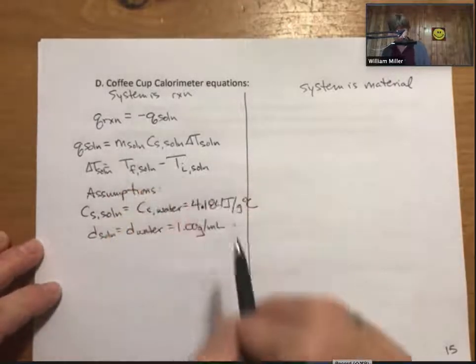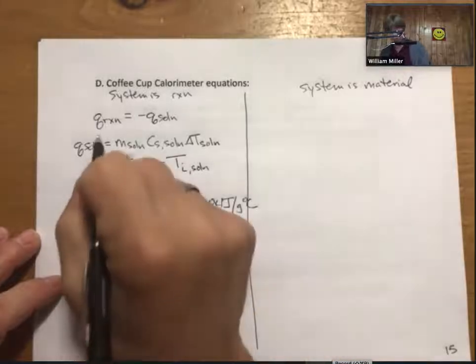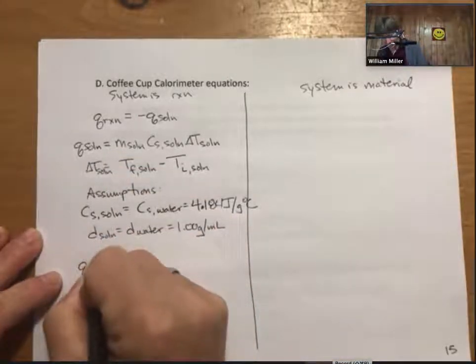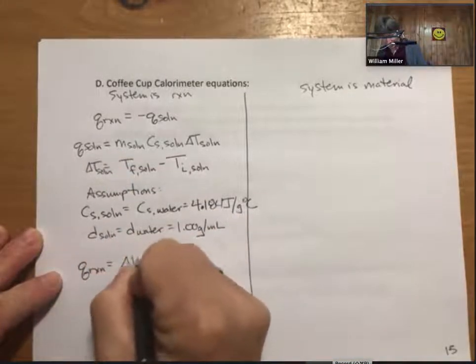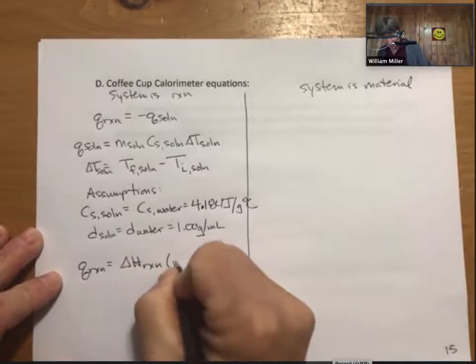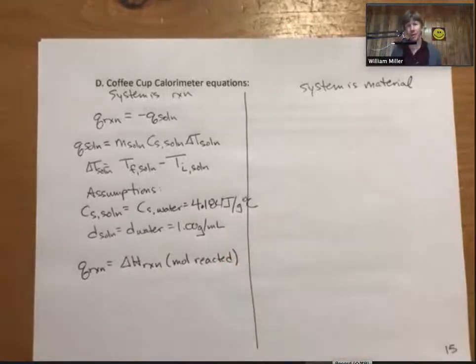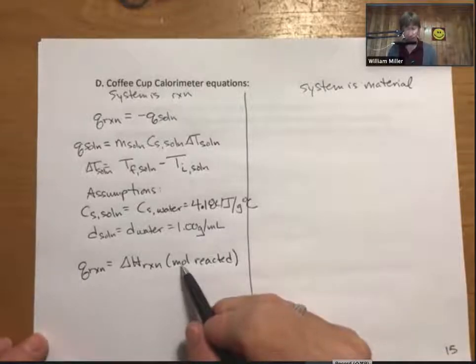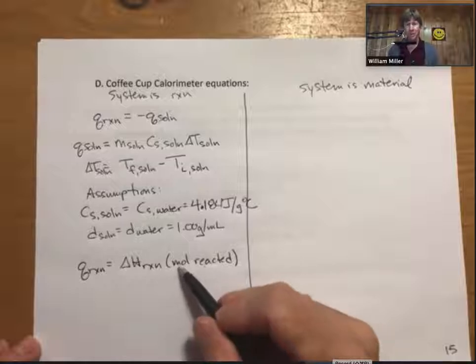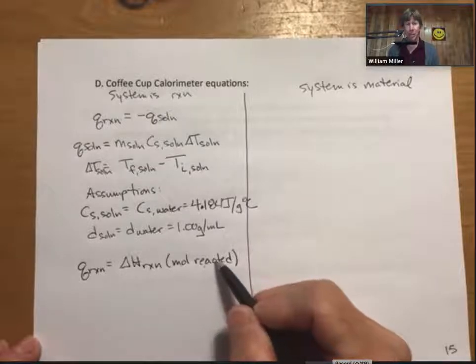That's the solution part. Now let's do Q reaction. Q reaction is going to be the one that's quite different. It is going to involve our delta H of reaction, since there is a reaction in this problem. And that's going to be times moles reacted. And it won't come up very much, but these are moles reacted with a 1 coefficient.